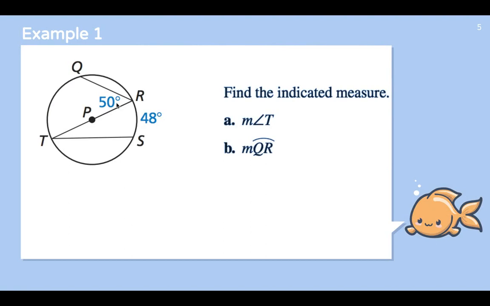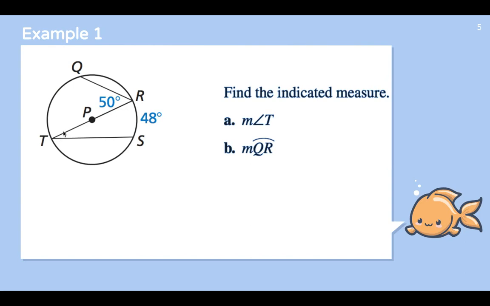Well, because it contains the center, it cuts the circle in half. With your eyes, try to block everything else out of the diagram except for the circle and segment RT. It cuts the circle in half, right? And so it is called a diameter.